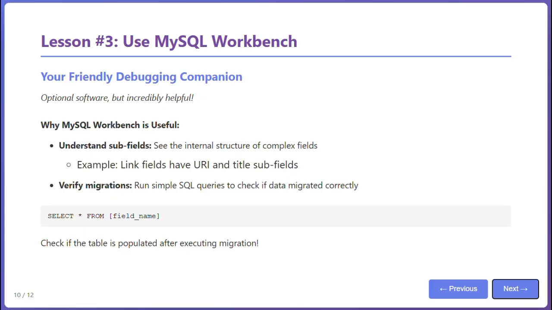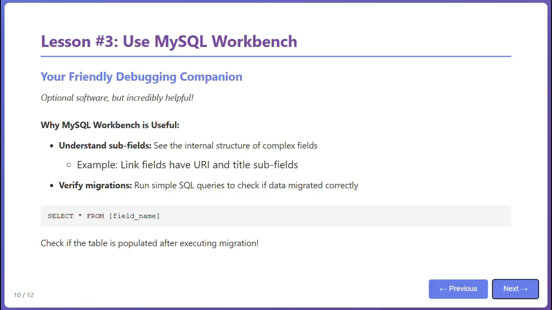For example, for a links type of field, it will have a URI for you to migrate the website URL, and the title subfield is for you to put the text name of the links, sort of like that.